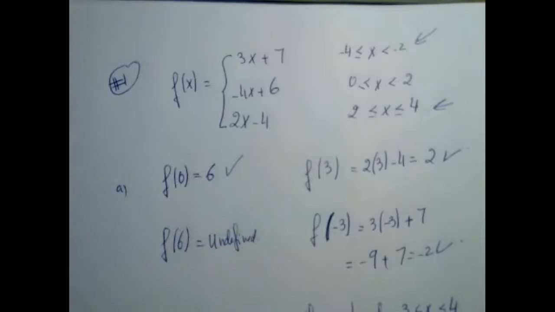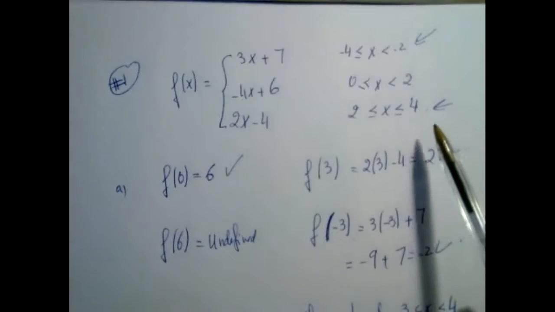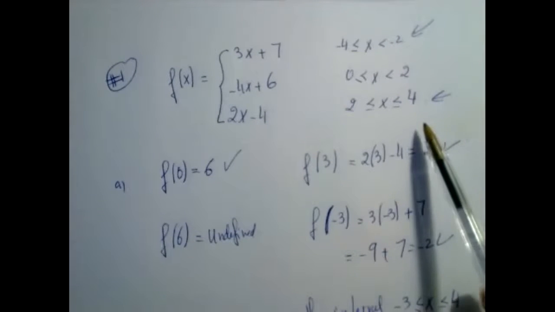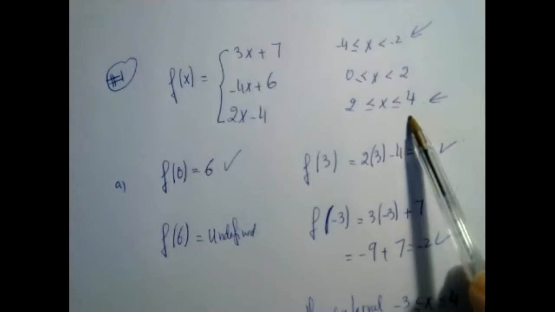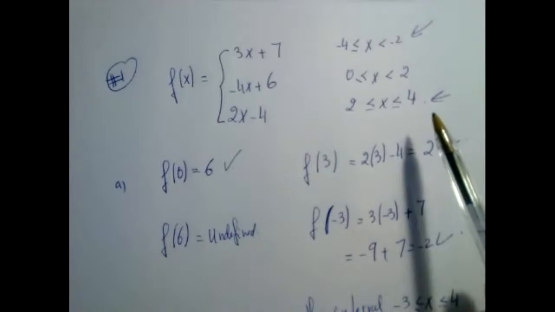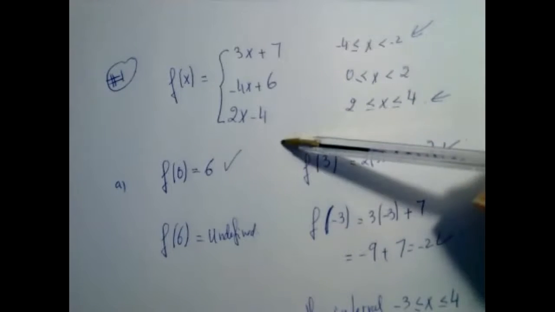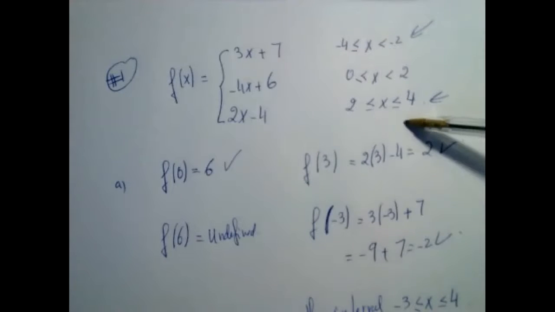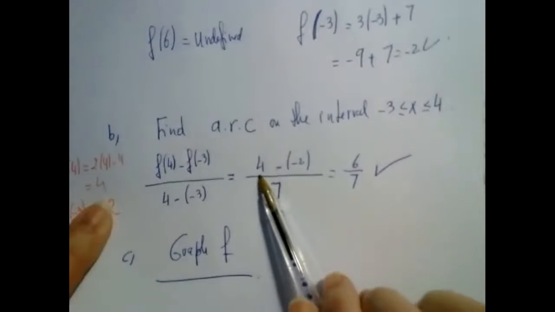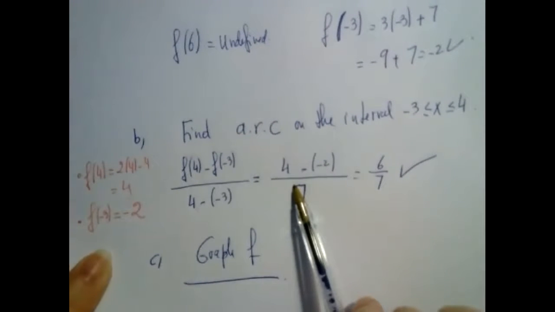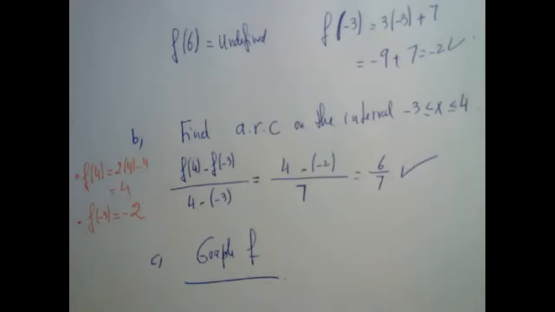That's the formula. If x is greater than 2 and less than or equal to 4, which formula do we have to use? Use the 2x minus 4. Yes, so it's 2 times 4, 8 minus 4, that gives me my 4. Oh, okay, I was just confusing myself. All right? Okay.